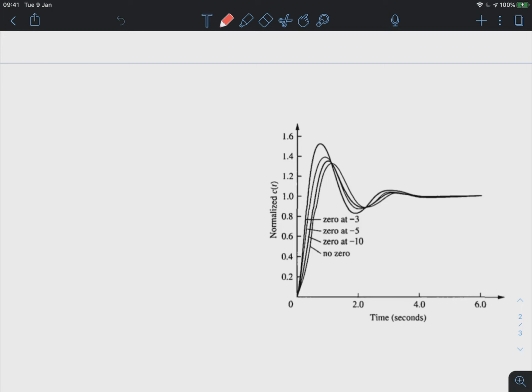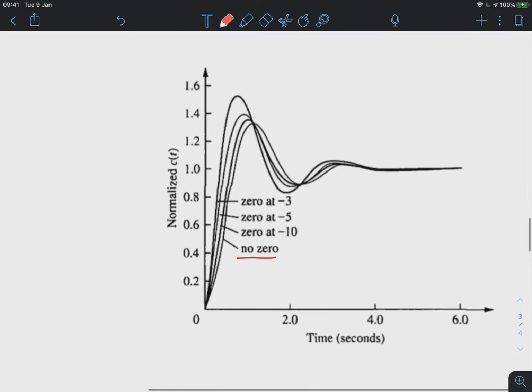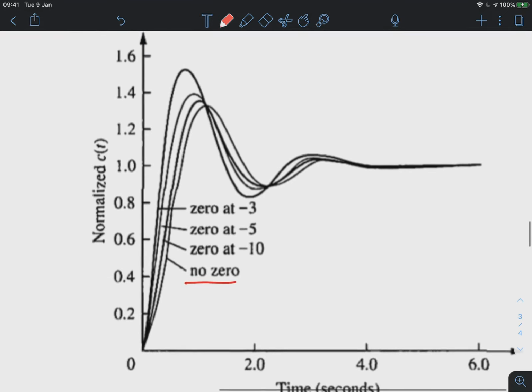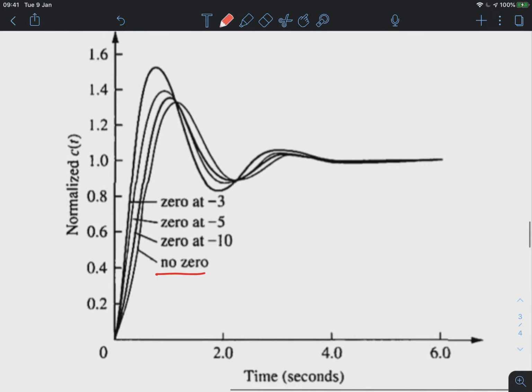I have some nominal system. So this is the response which I get. Let's zoom this figure so you're able to see it properly. Okay, so this response is with no zero.